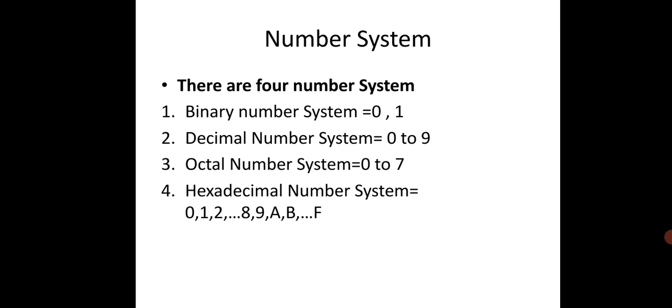It starts from 0 to F, that is 0 to 16. So after 9 we do not write 10, we write 10 as A, 11 as B, 12 as C, 13 as D, and so on up to F, that is 15. 0 to 15 is the hexadecimal number system.